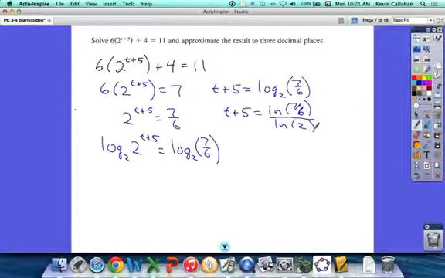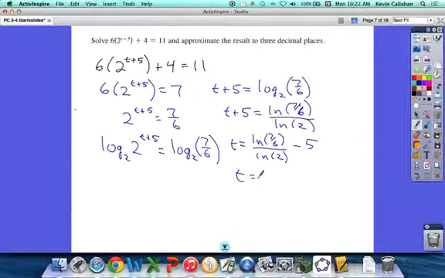And then what would you have to do? You haven't solved for t yet. Subtract 5. So t equals ln of 7/6 divided by ln of 2 minus 5.